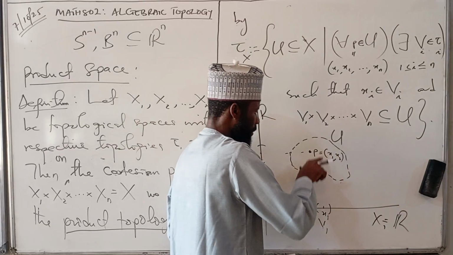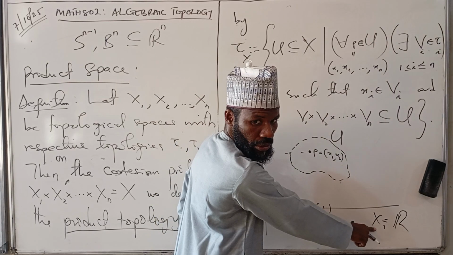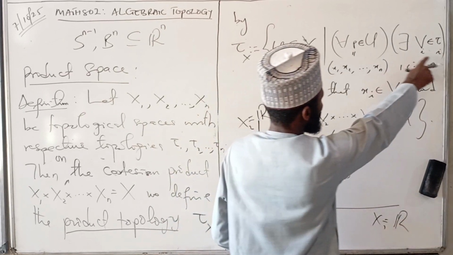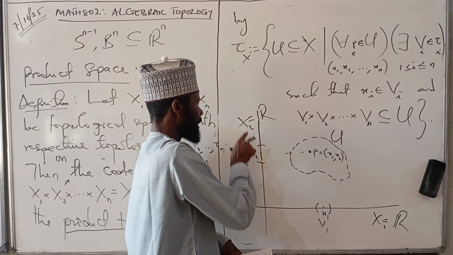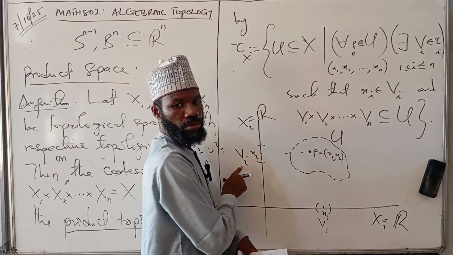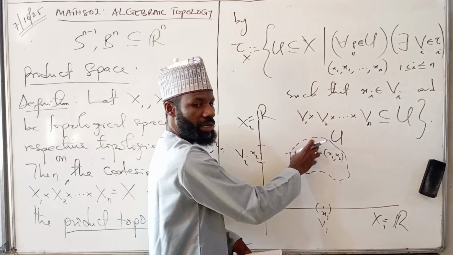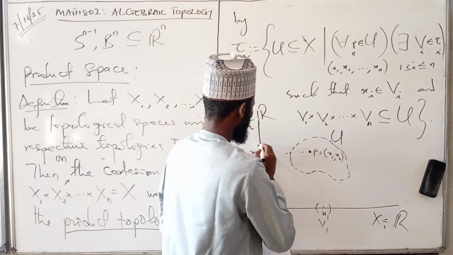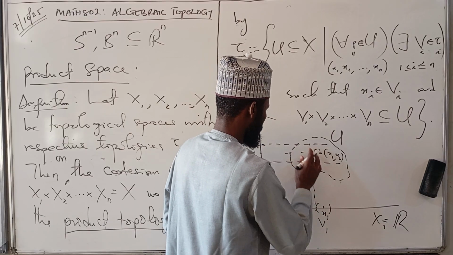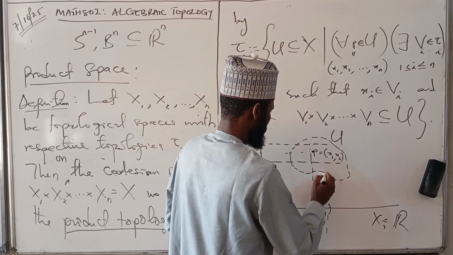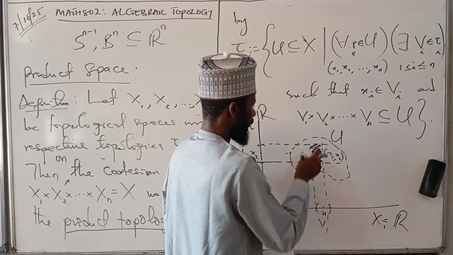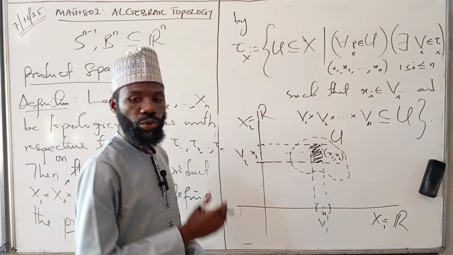So there is a neighborhood of the coordinate x1, an open set in the space x1, and an open set in the space x2, so that the Cartesian product of V1 and V2 will be sitting completely inside U. If you take the Cartesian product of this neighborhood, it should lie entirely in U. Okay, then U is open.